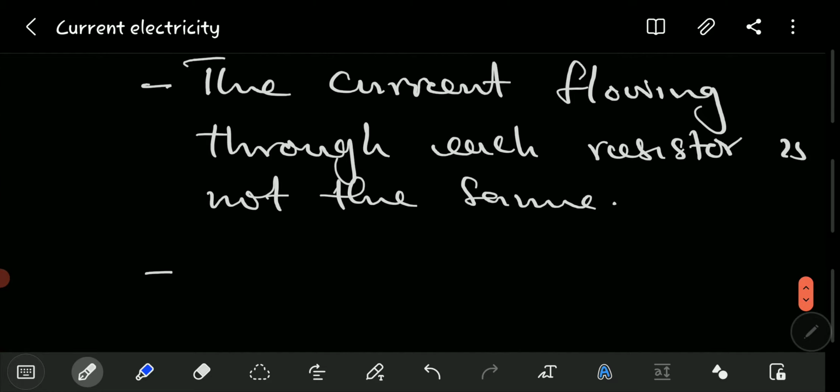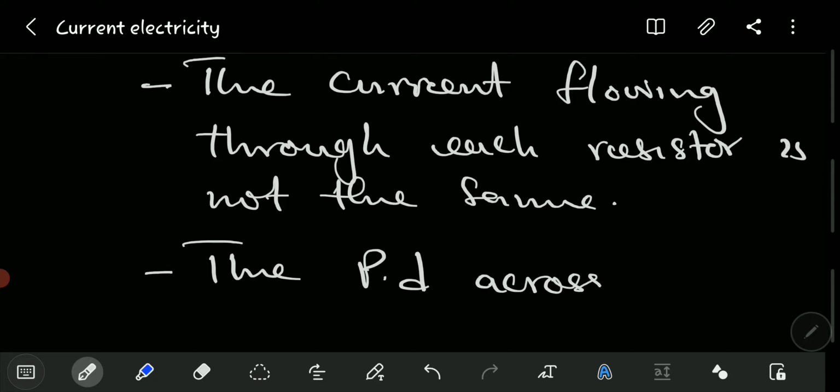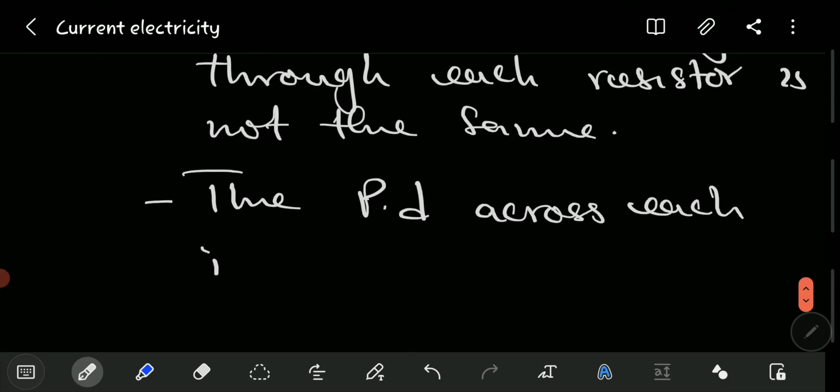Secondly, the PD across each resistor is the same. The PD, the potential difference across each resistor, is the same.